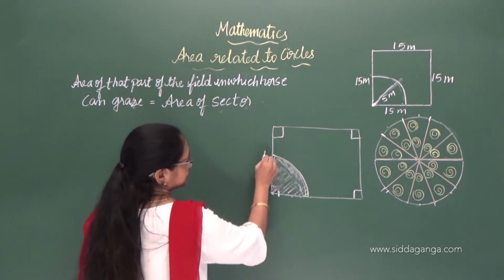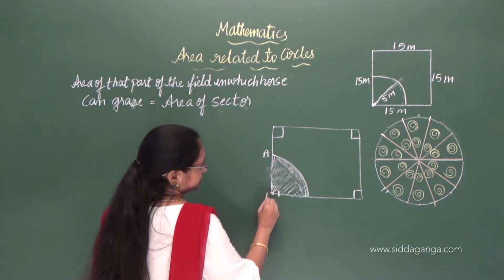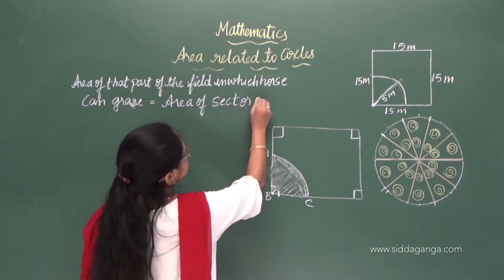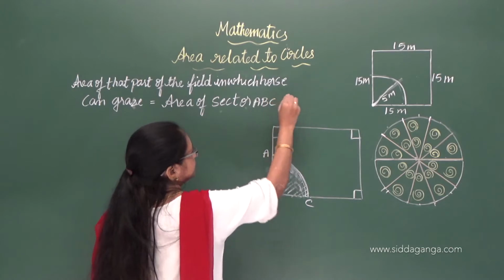Or if you mention A, B, C here, you can also write area of sector A, B, C.